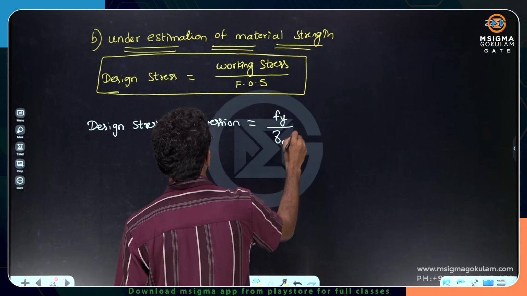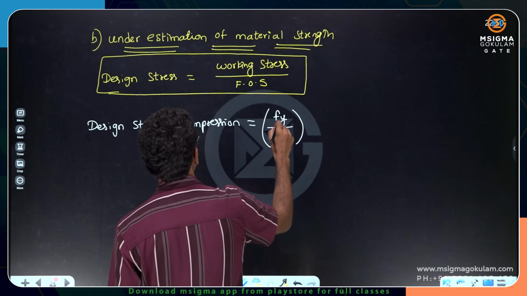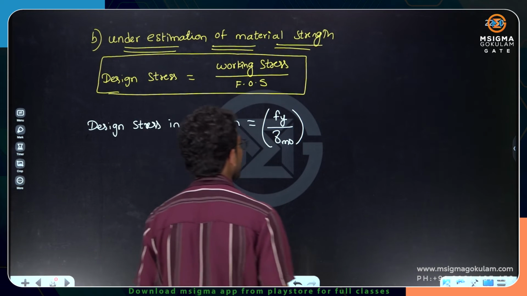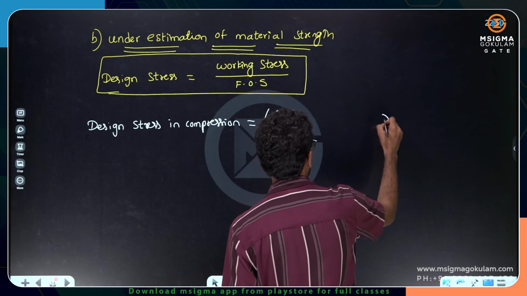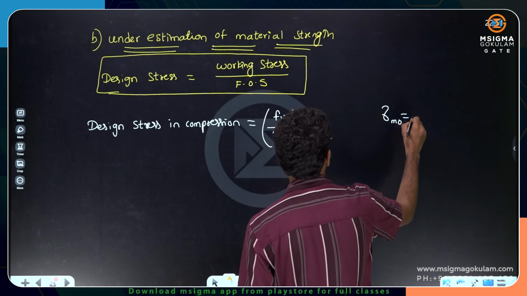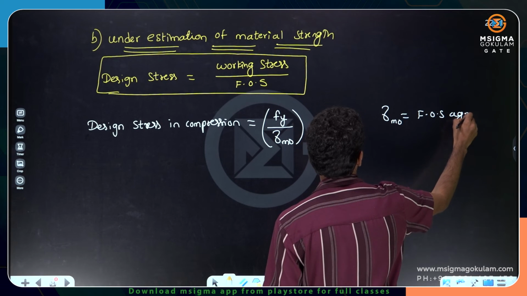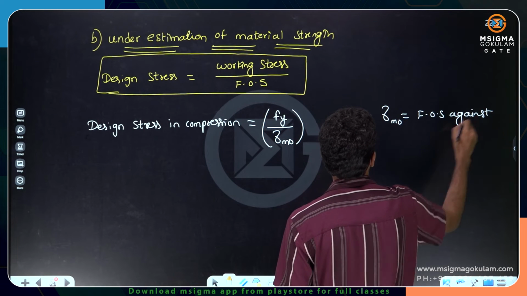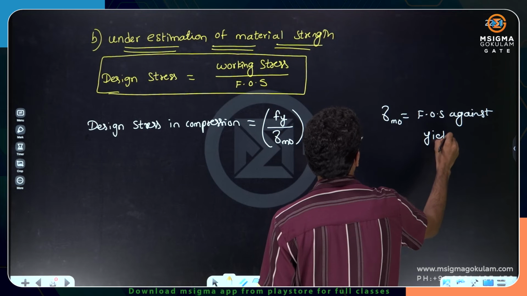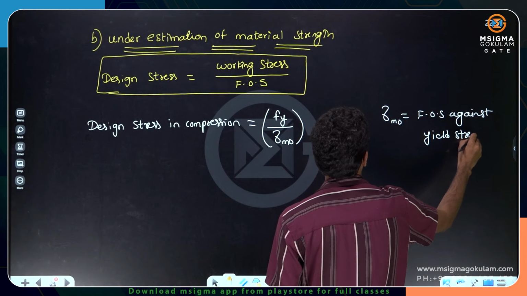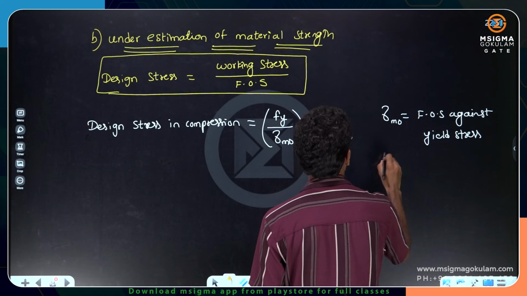Gamma m naught. So please understand, whenever there is a yield stress, the corresponding factor of safety is gamma m naught. So gamma m naught means factor of safety against yield stress.